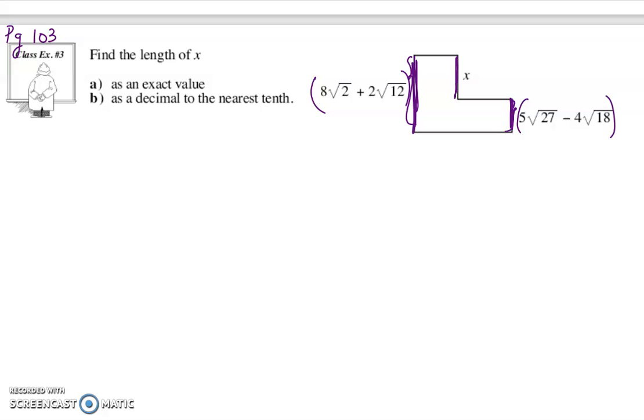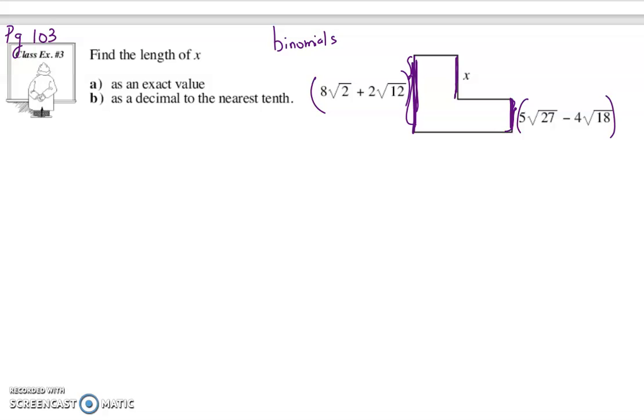If you remember that term binomial, that's why I introduced brackets around it, so that I can be very careful when I'm subtracting them. And the second thing is we have more complicated radicals. So before I even execute my plan, I am going to simplify each of these sides into their simplest form. Even before I bring them down to subtract them, I'm going to simplify each one of them.